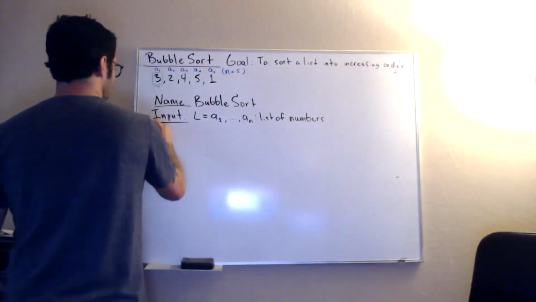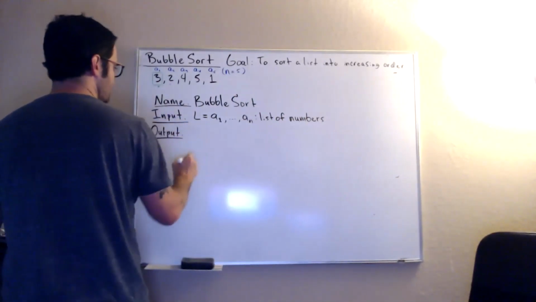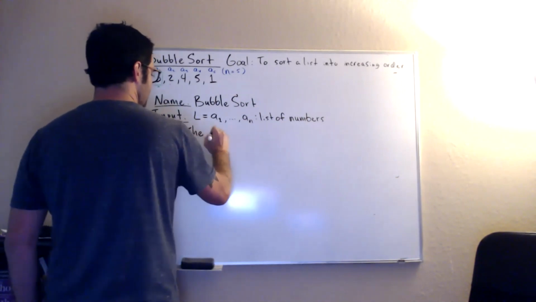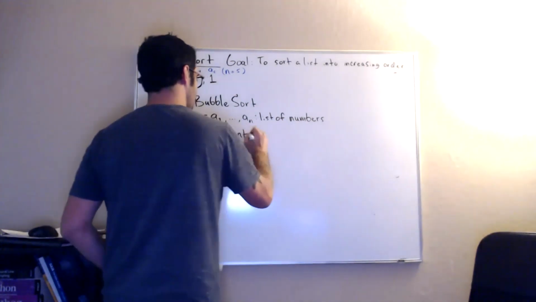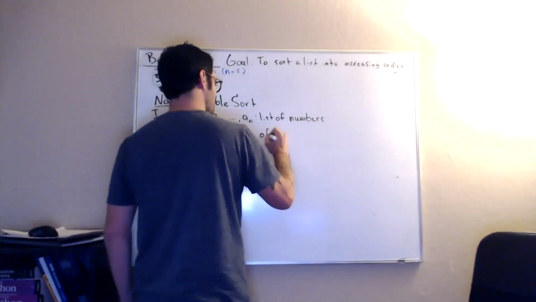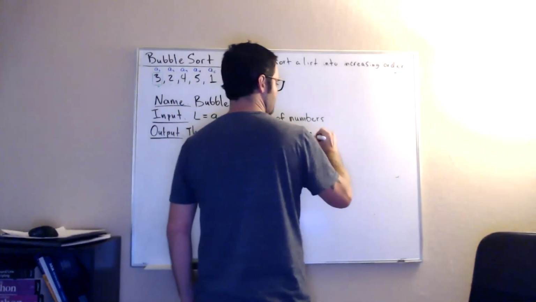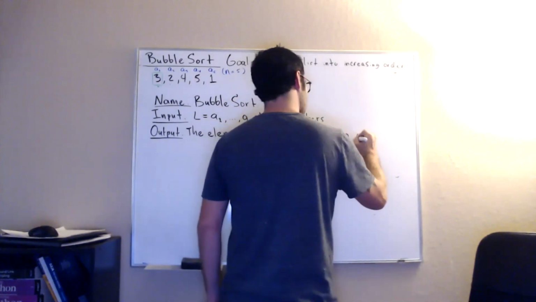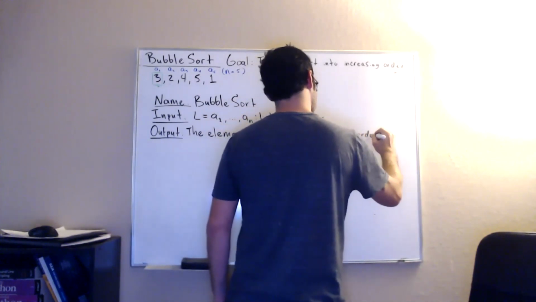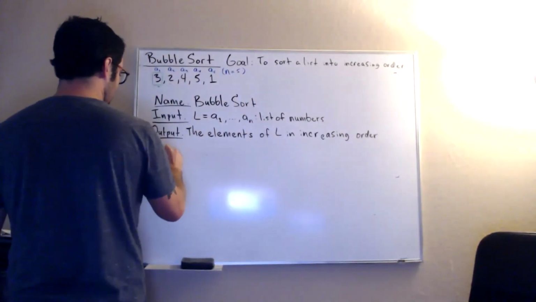The output is going to be the elements of L in increasing order. And the algorithm is going to be a nested for loop.